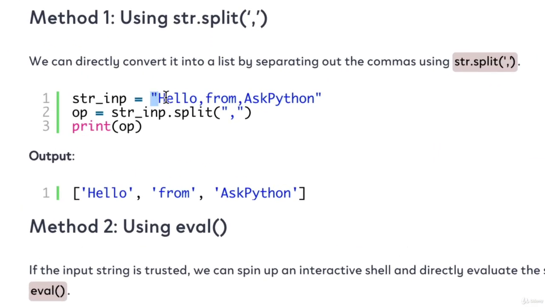So in this case, notice how it says hello, comma, from, comma, Python. Now, if we use the split on this string, then it will divide it up into a list and separate out all the words that are divided by this split character, which is the comma.